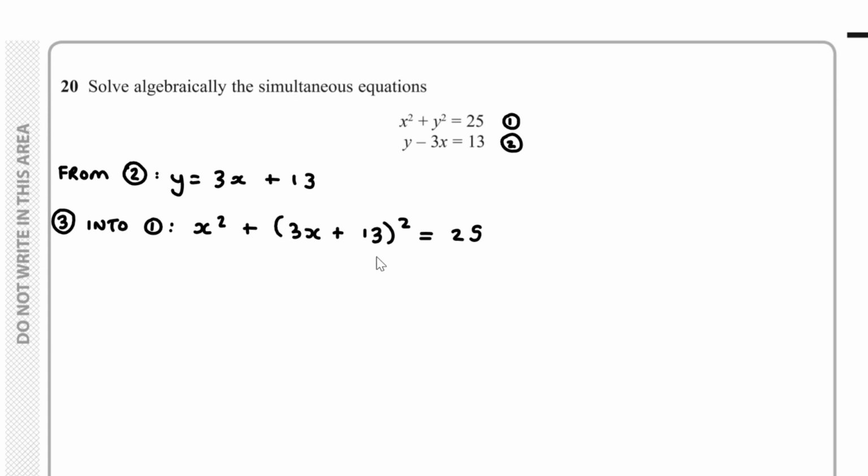We now need to tidy all this up to find the x coordinates and then use that to find the corresponding y coordinates. So I've got x squared plus 9x squared plus, well, here I'm going to have two lots of 3 times 13, which is 78.